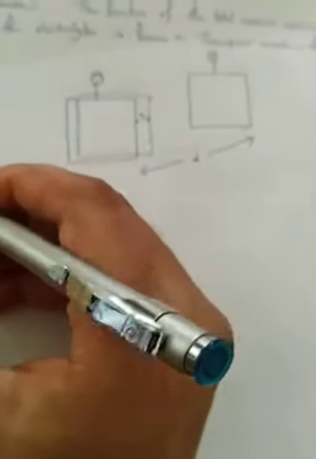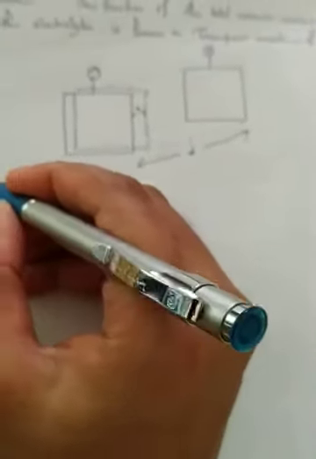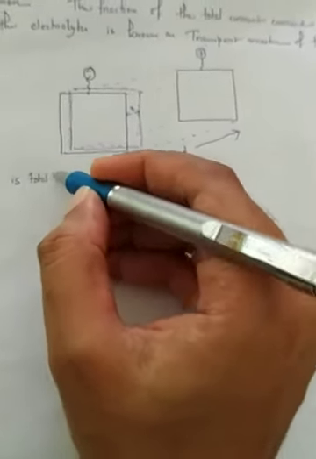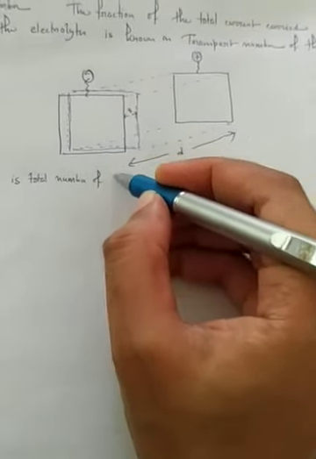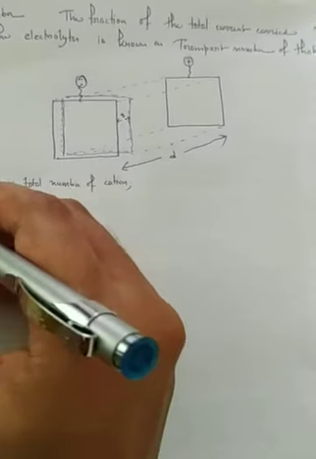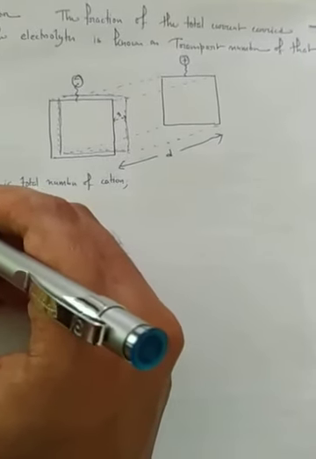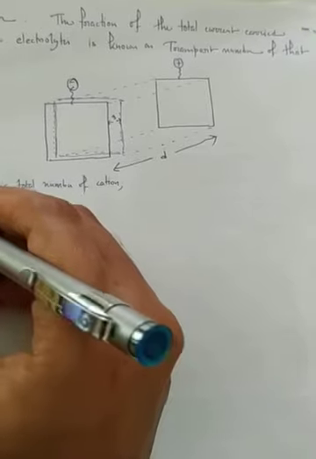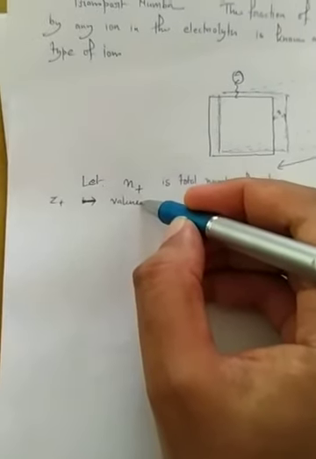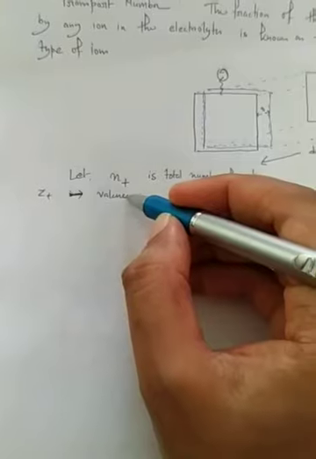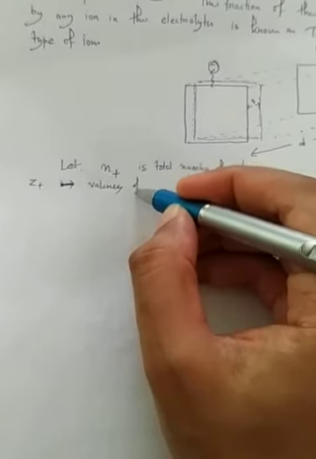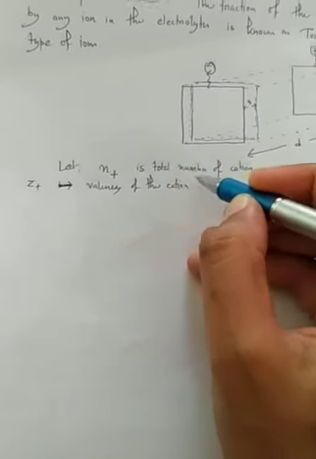Now let N plus be the total number of cations. Z plus is the valency of the cation.